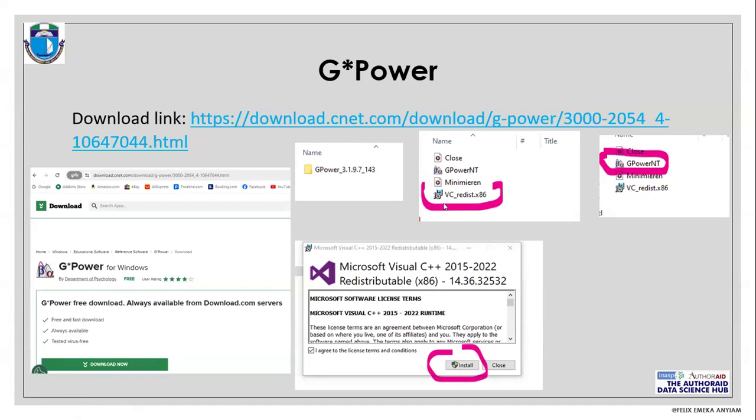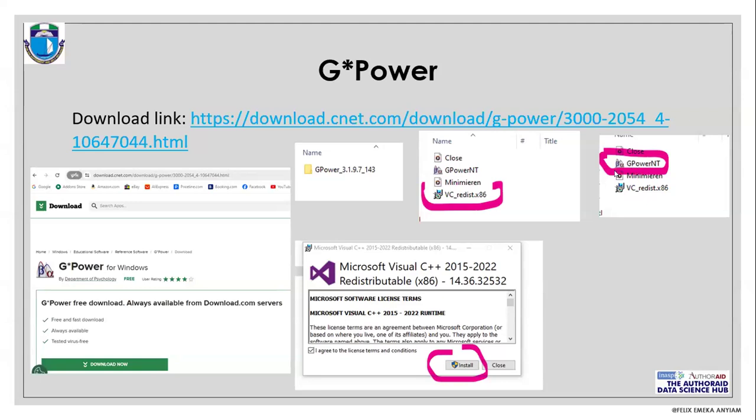So you first of all install, not download, you've downloaded it already. You first of all install this second part, then you can now click this G-Power. That's how it's going to work.